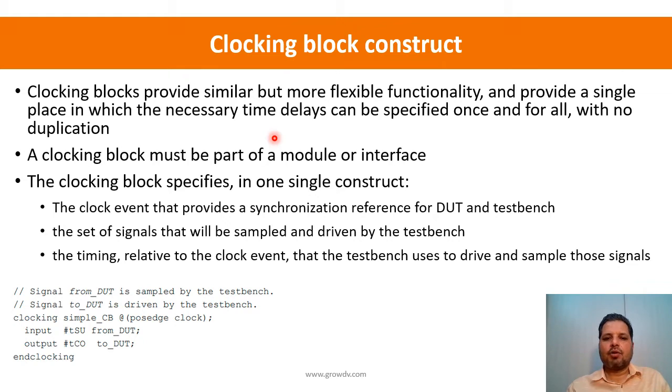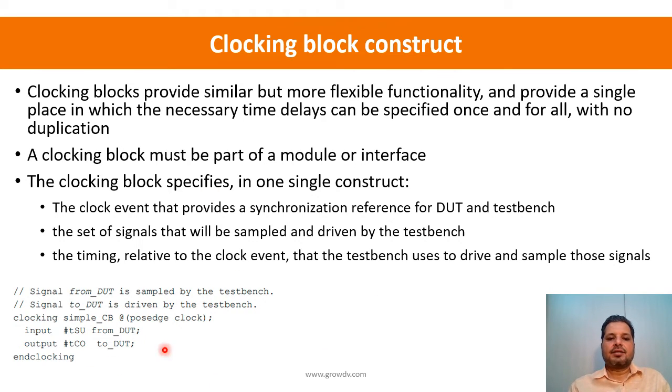It can be defined in a module or interface, and a clocking block specifies in one construct the clocking event that we are planning to use as the synchronization reference for the communication between your DUT and testbench, the set of signals that we need to sample or drive from the testbench, and any timing information, right?